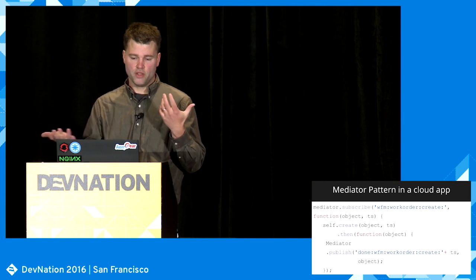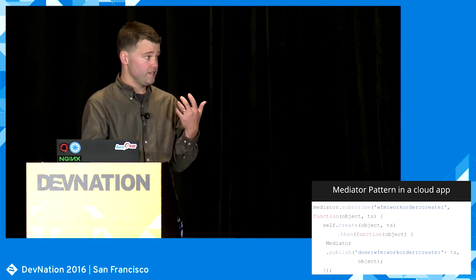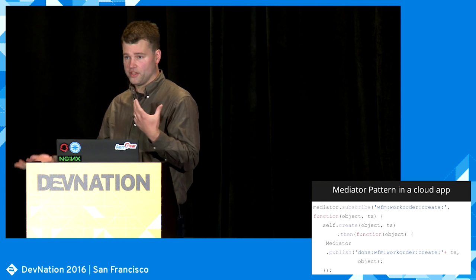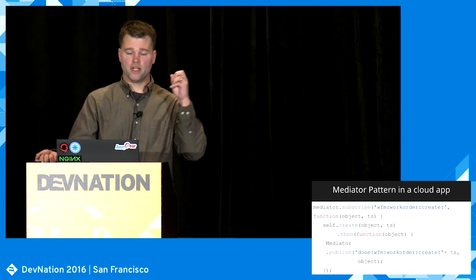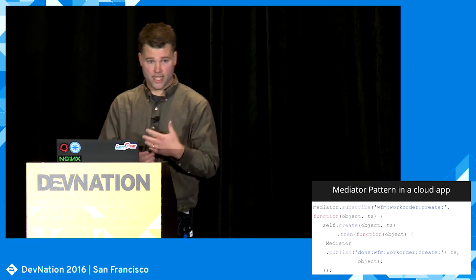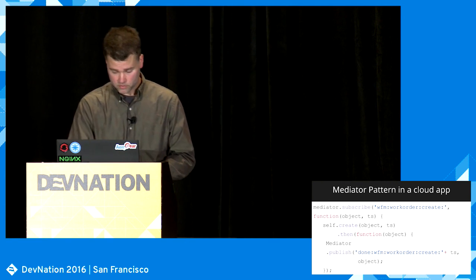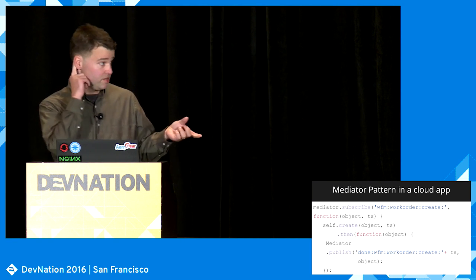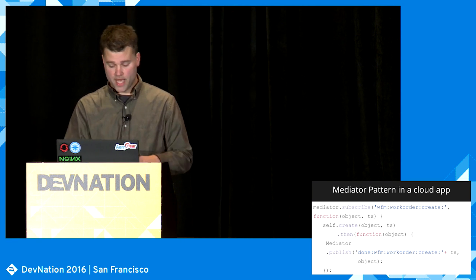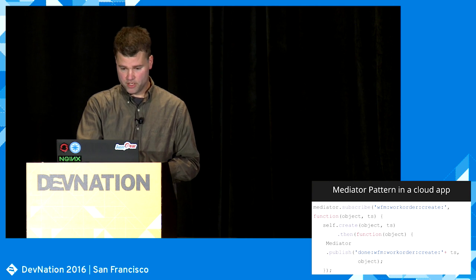Then any module that needs to create an object on the client will hit the endpoint, fire the appropriate mediator topic, and then we just have to listen to that mediator topic to tie in with whatever database we want. It's a nice way of loosely coupling the application to the back-end implementation of the module.